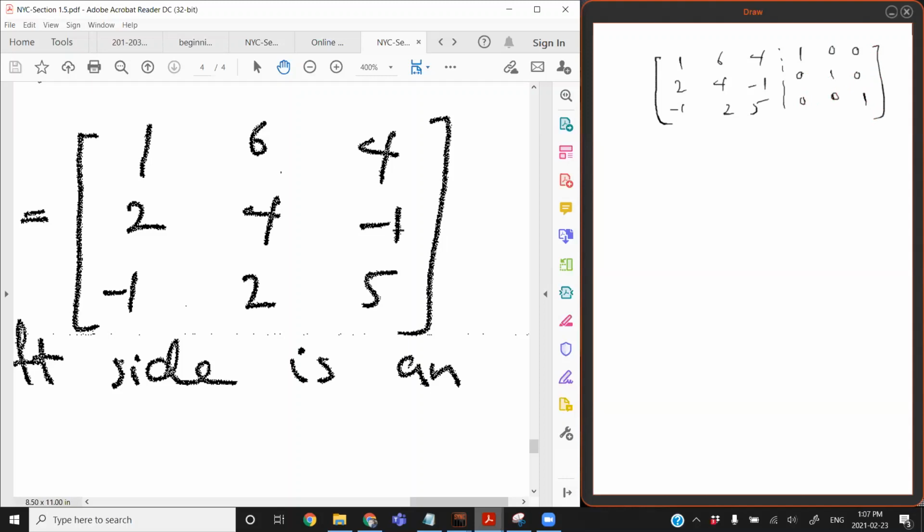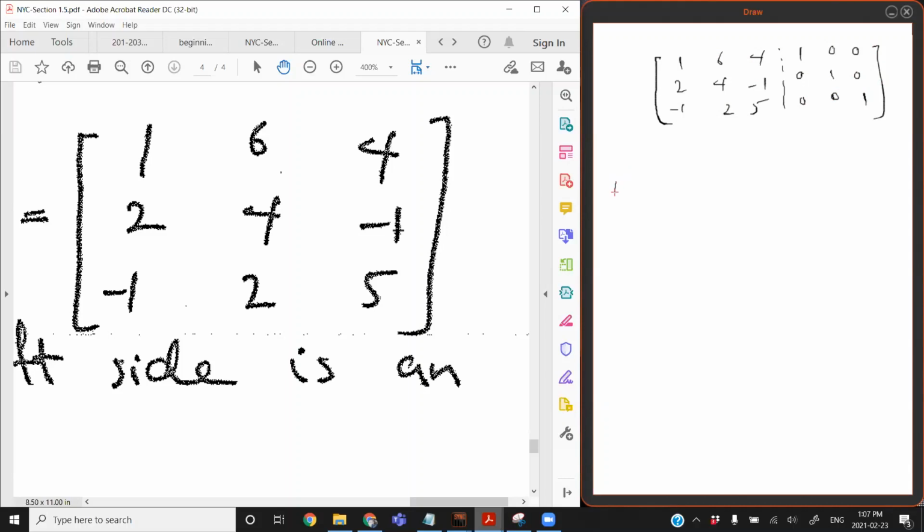And you begin doing row operations in order to transform the left side into I. That's your goal. If you succeed, then on the right you're going to have the inverse of the original matrix. If you don't succeed, if at some point you hit a row of zeros, then you can stop there and just say A is not invertible.